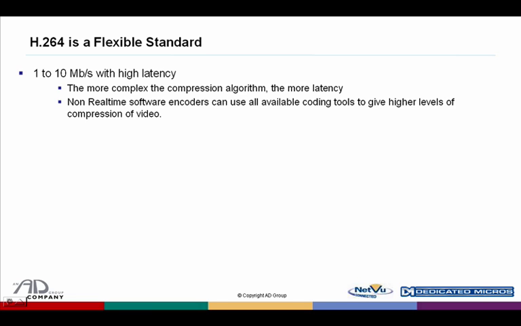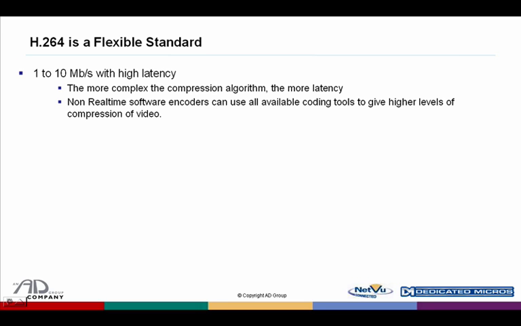It's important to recognise as well that H.264 was designed to be a flexible standard capable of meeting the needs of many separate applications, from high quality entertainment systems to real-time video conferencing.